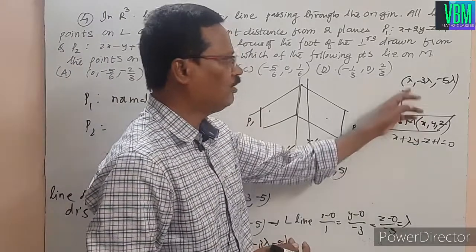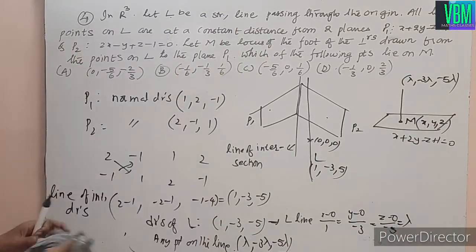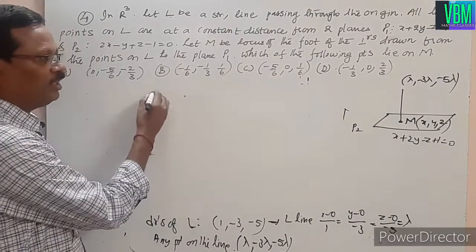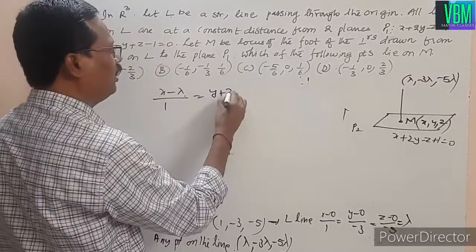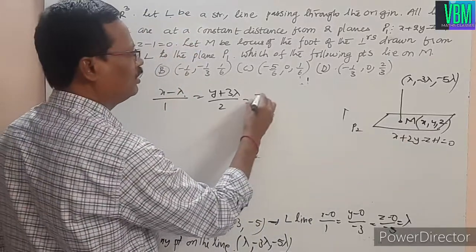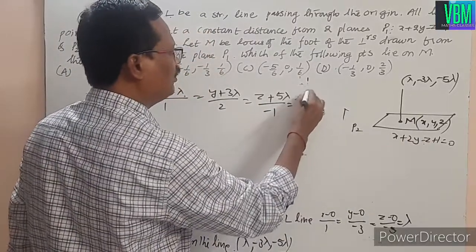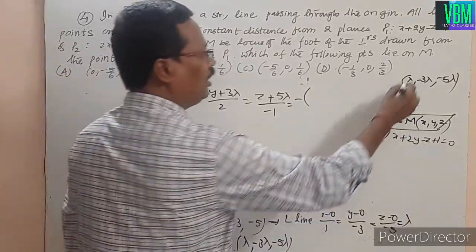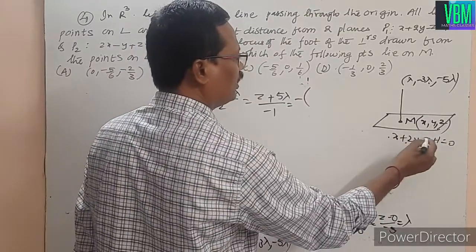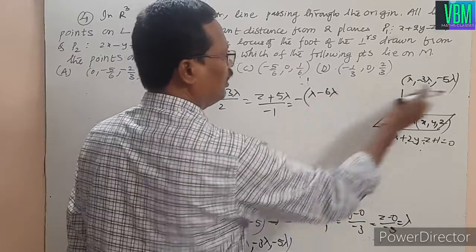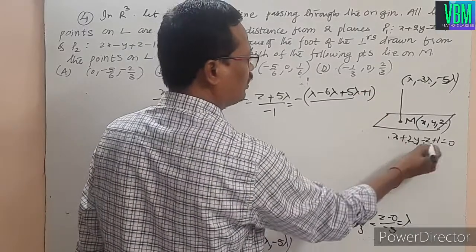Let us apply the foot formula. That is, (x minus lambda)/1 equal to (y plus 3 lambda)/2 equal to (z plus 5 lambda)/minus 1 equal to minus of (lambda minus 6 lambda plus 5 lambda plus 1)/(1 square plus 2 square plus 1 square).